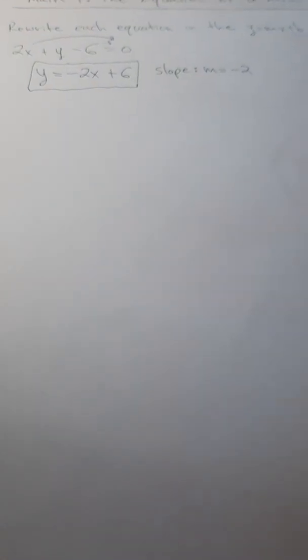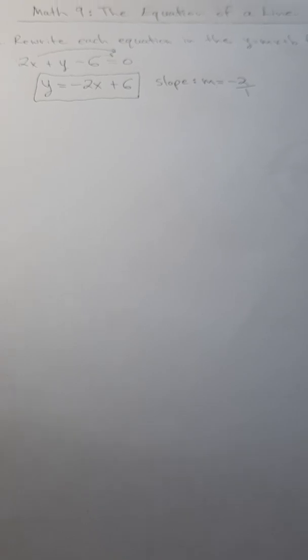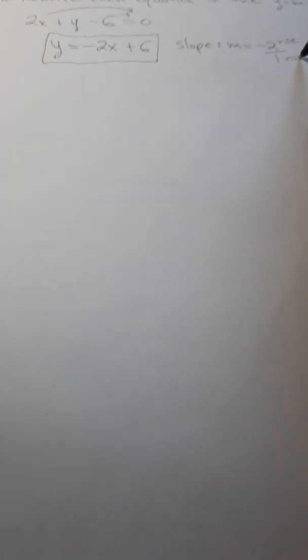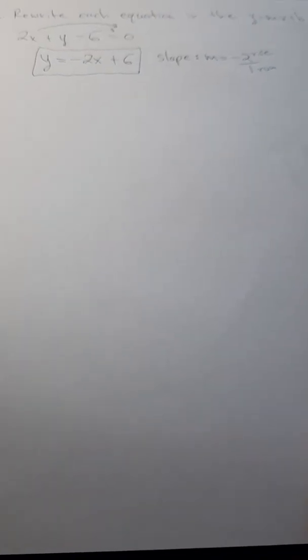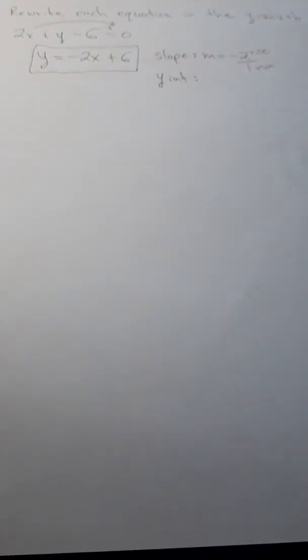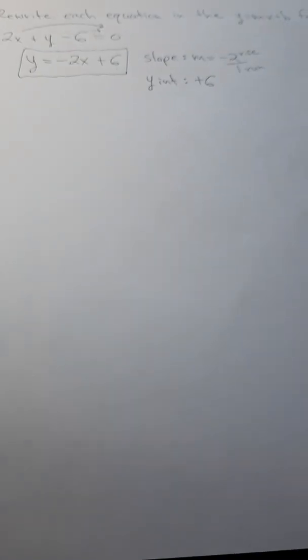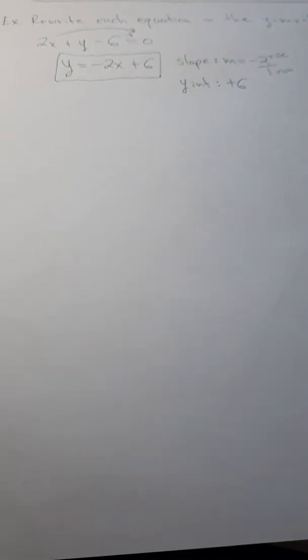This is my slope. It's negative 2 or negative 2 over 1. Remember, the slope is just the ratio of the rise over the run. The other thing I can denote from this slope-intercept form is the y-intercept. The y-intercept here is equal to positive 6. All right, and that's all you're doing here.